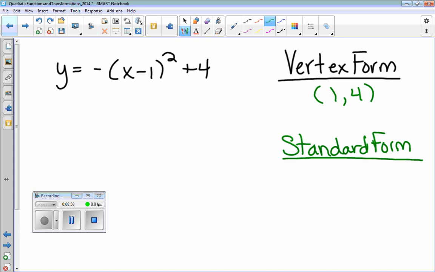Okay? Standard form. Vertex form, and I'm going to write it in these kind of strange letters. But vertex form has something special. And I want to write it exactly the way the book does it. Vertex form looks like this.